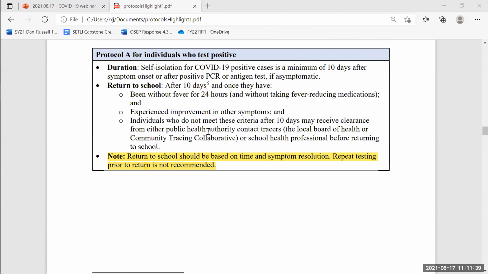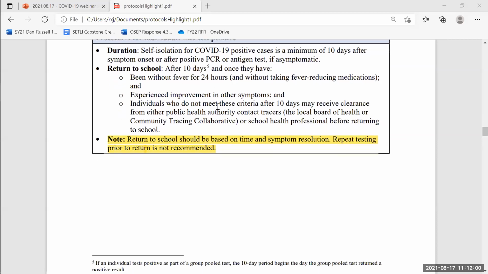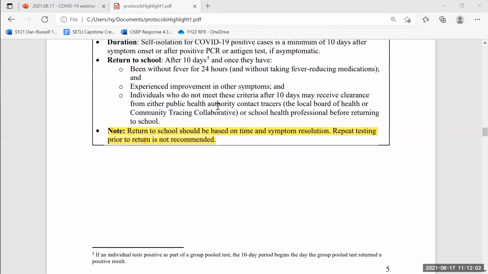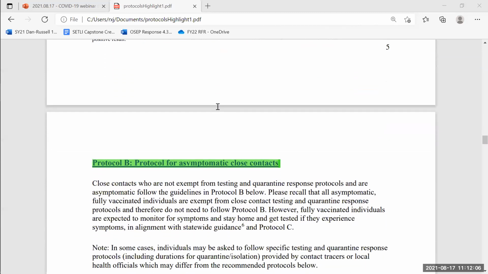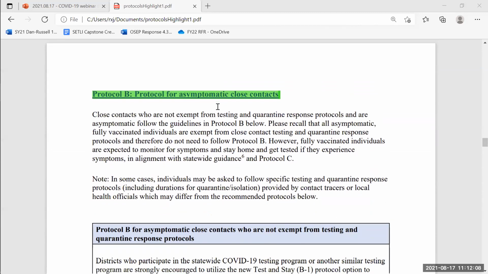And we don't need to have repeated testing prior to coming back. If you are to choose to go with testing, we don't need to do it repeatedly. Once would suffice, as long as it's showing that you are experiencing that improvement and you've waited the 10 days. So let's move on, because again, I think that one is pretty familiar.